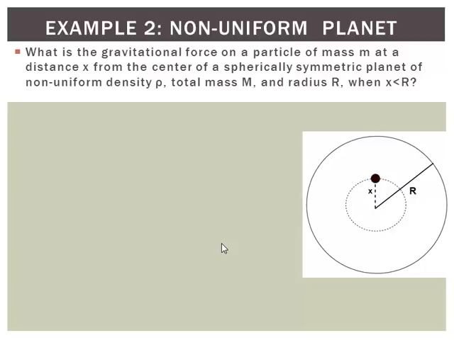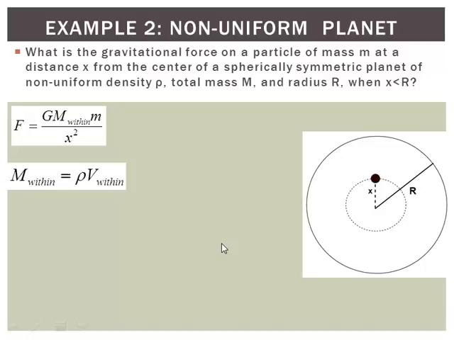Now we're going to do it for a non-uniform planet. So we have the same setup, except there's a non-uniform density of rho. Again, the force is equal to the gravitational constant times the masses over the distance between the masses squared.